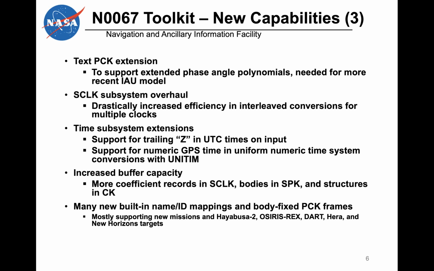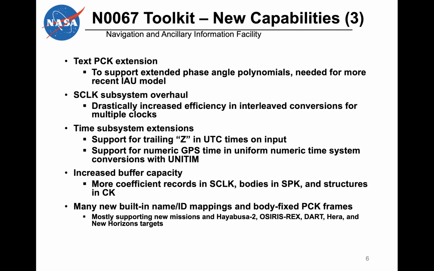We have also performed an overhaul of the spacecraft clock subsystem, increasing the efficiency in interleaf conversions for multiple clocks. This is very useful, for example, in situations in which you have multiple clocks, such as landers that have local mean solar time implemented with a spacecraft clock, or for missions such as NICER that have 4 different clocks.